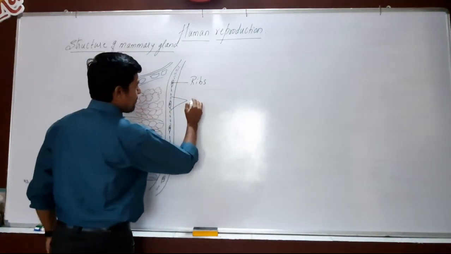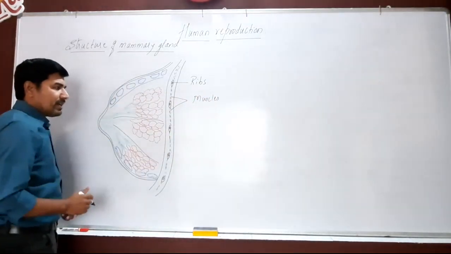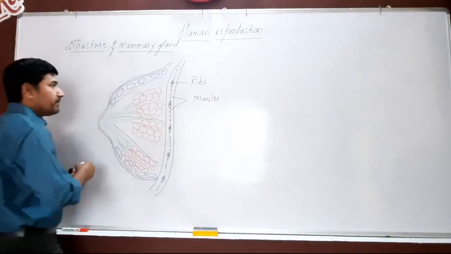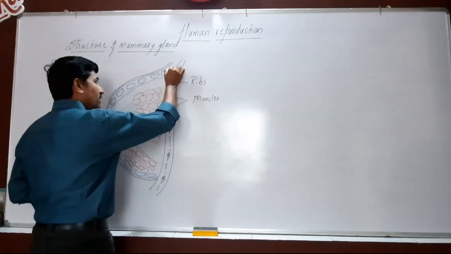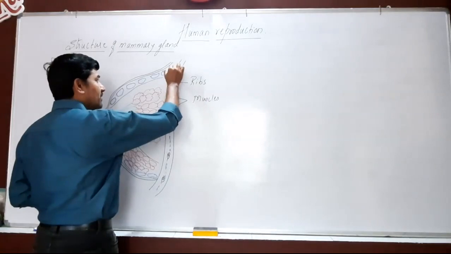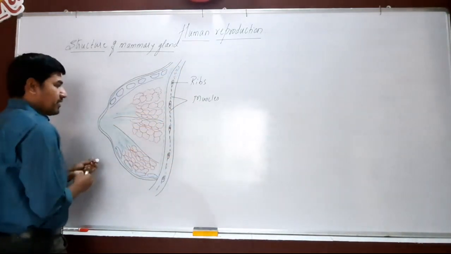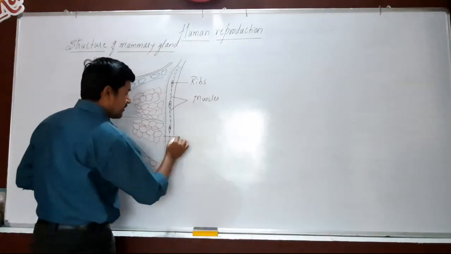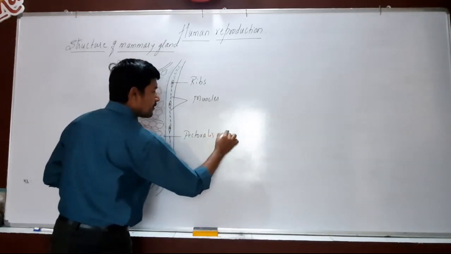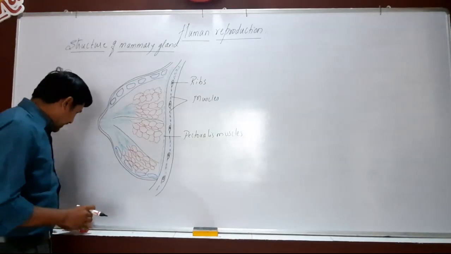These are the muscles present between the ribs. And apart from that, here we have the large pectoralis muscles. Large pectoralis muscles are also present here.